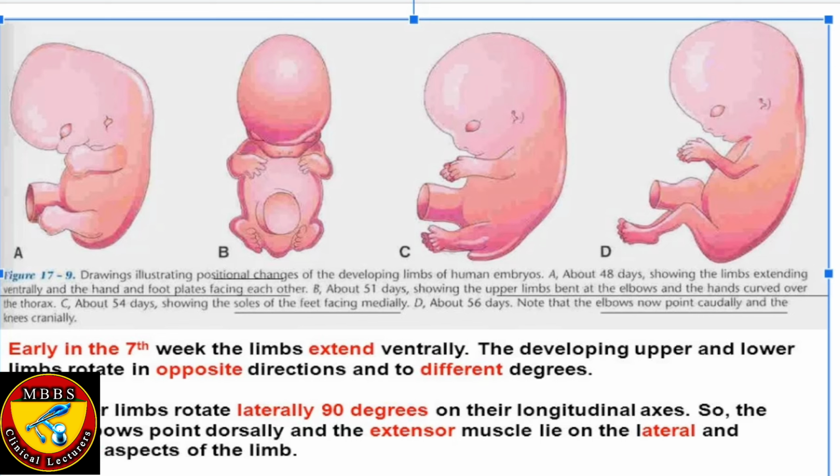And the extensor muscles lie on the lateral and the posterior aspects of the limb. Whereas the lower limb, though initially facing ventrally, has moved medially about 90 degrees, so the future knees face ventrally and extensor muscles lie on the anterior aspect of the lower limb.